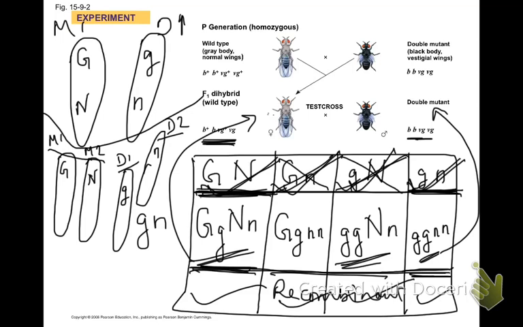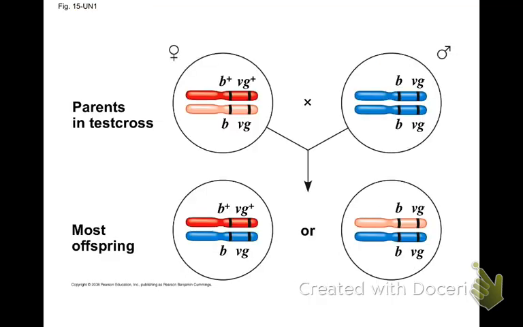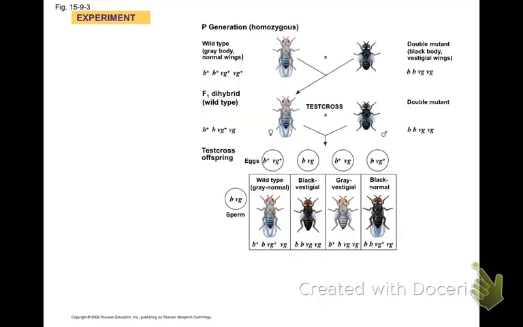Alright, so this is exactly what I had written in letters. Let's just rewrite in letters so we are clear. So this is small g, small n. This is capital G, capital N. This is small g, small n. This is capital G, small n.